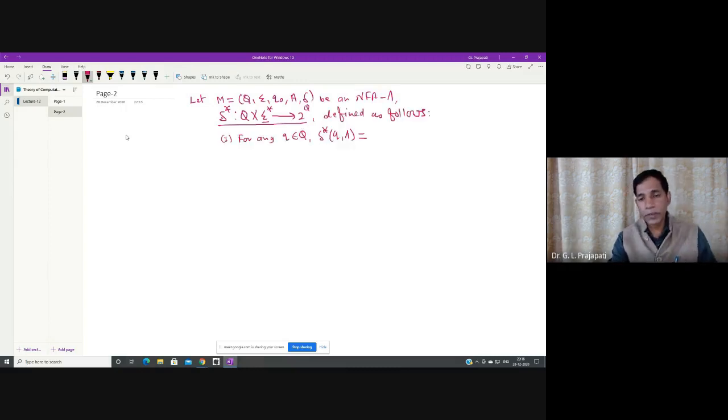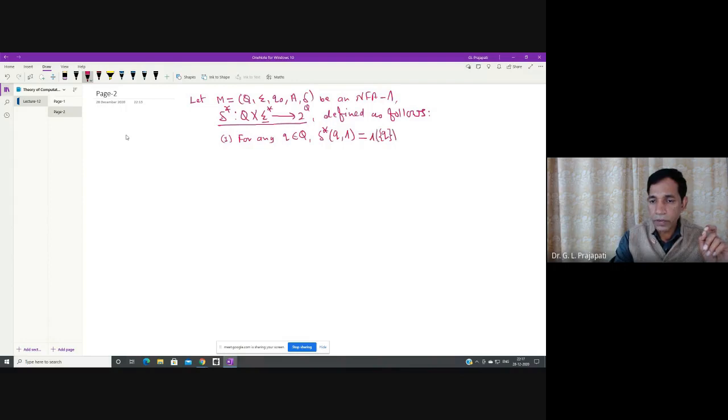Just like we have seen in the DFA case, whenever you are in some state and you have the null string, your machine remains in the same place, Q. In the case of the NFA, whenever your machine is in some state and reads the null string, it goes to the same state, but you have to write it in the form of a set because your machine goes to a subset of Q. In the case of the NFA-null, your machine remains in the same state Q, but you have to consider the effect of the null transition.